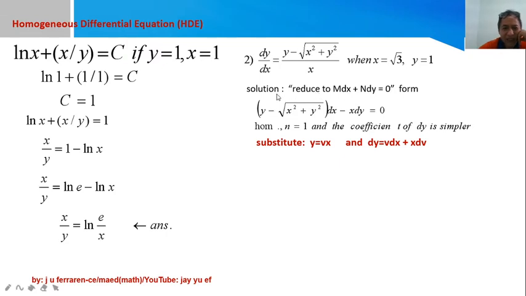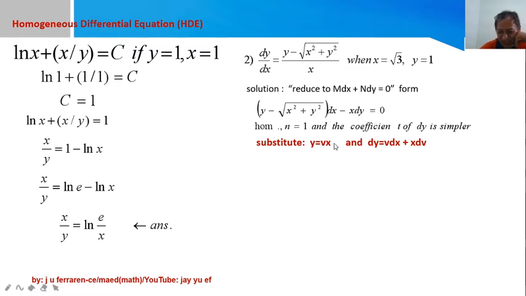Only, your solution can be very lengthy compared to having this. You will be multiplying two-term expressions with radical, so it's not good to start with x. You can start with y because your y is the one that contains a simpler coefficient. So just reserve that for other purposes.